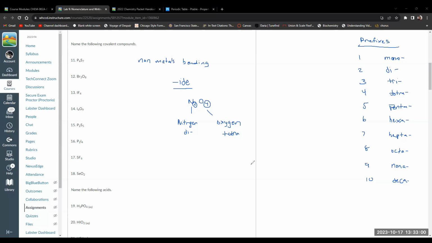We have everything that we need to fully name this. So we have, I already forgot, dinitrogen tetraoxide.